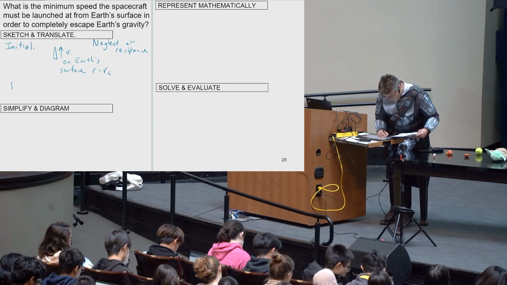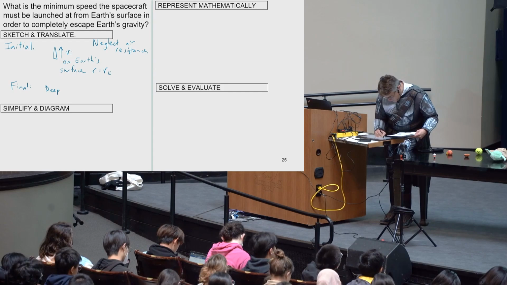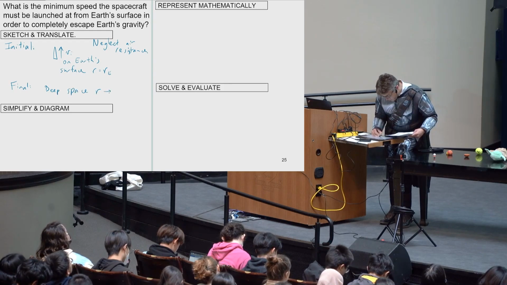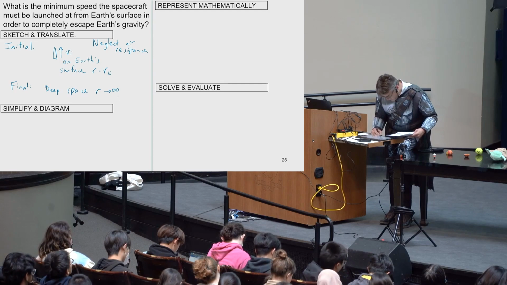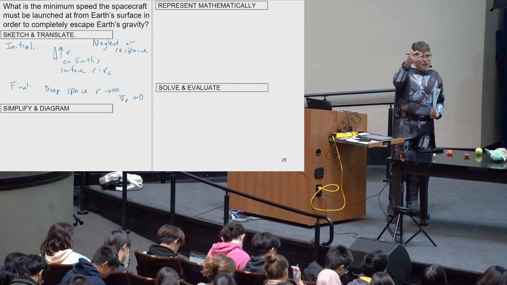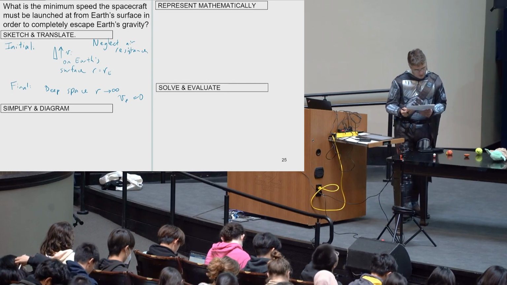And then finally, you're in deep space, r approaches infinity, and V final equals 0. It goes out to infinity and then it stops. You can imagine that, or when it's very far away, it has negligible velocity.